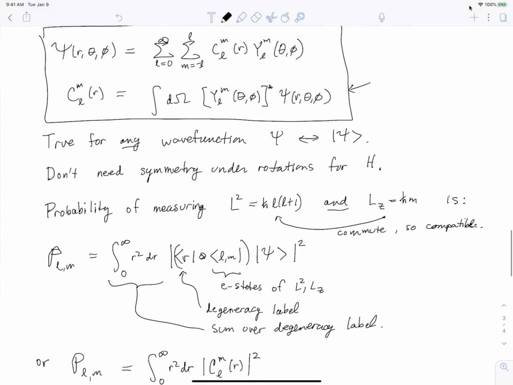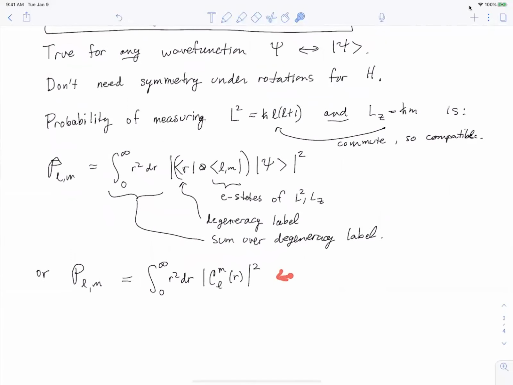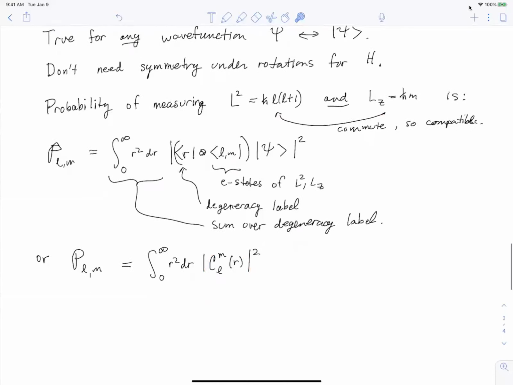You have some arbitrary wave function up here. You can write it in terms of the CLMs, and then the CLMs tell you what probability you get for measuring the angular momentum, L squared or L sub z, and getting some particular values. You just need to know the coefficient for those particular values, and then you need to do the integral. Of course, doing the integral might be easier or harder, but that's the strategy.